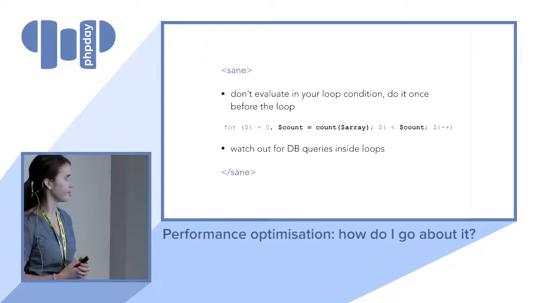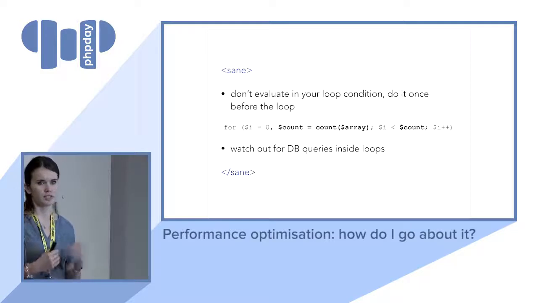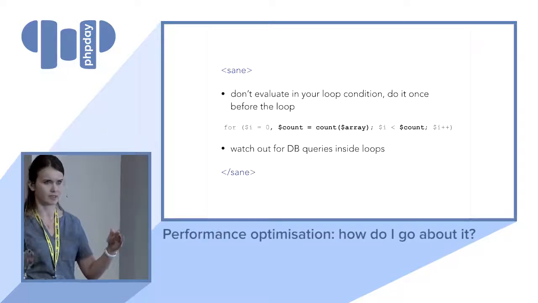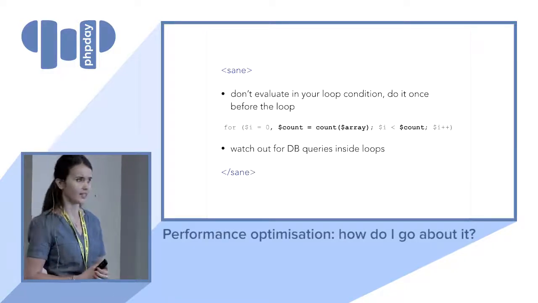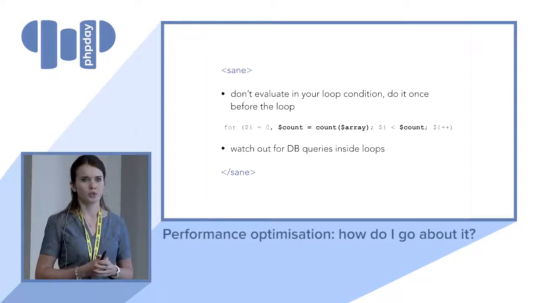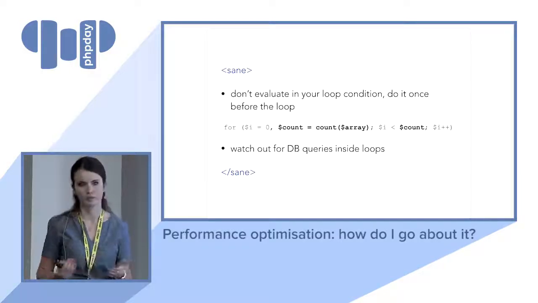And then the other one, a common one, is watching out for database queries that you could substitute with one big group query instead of one for every single ID. Especially in legacy code, when your loops tend to be hundreds of lines long, you might even forget that you're in a loop. So let's say you're fetching products from the database, and one day you decide that you also want to fetch an additional attribute of a product.